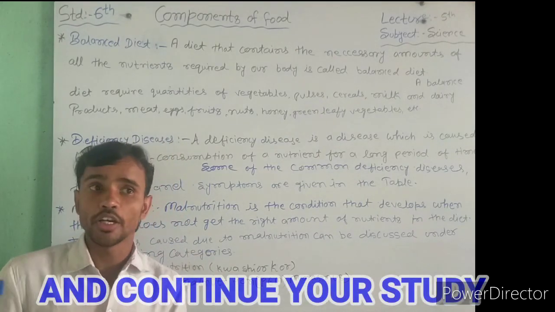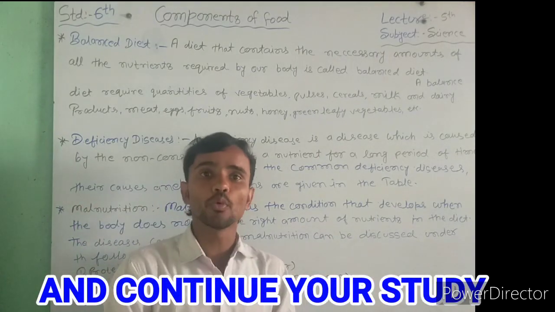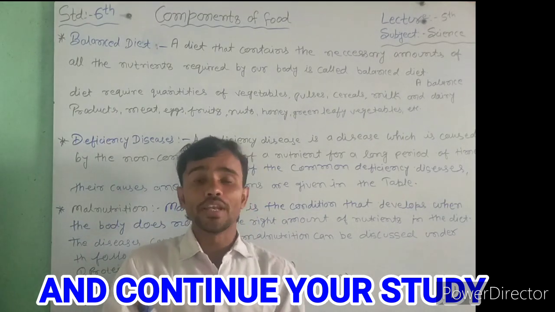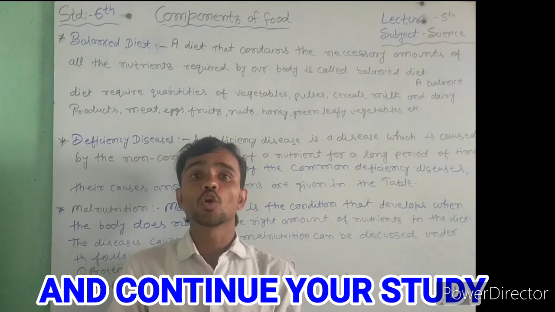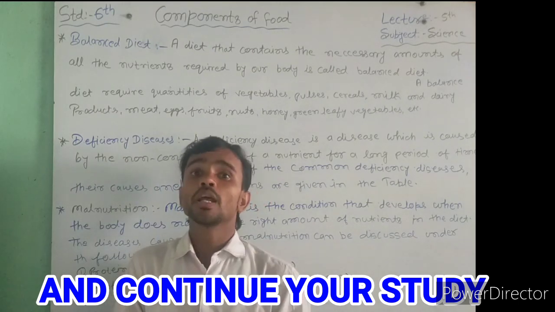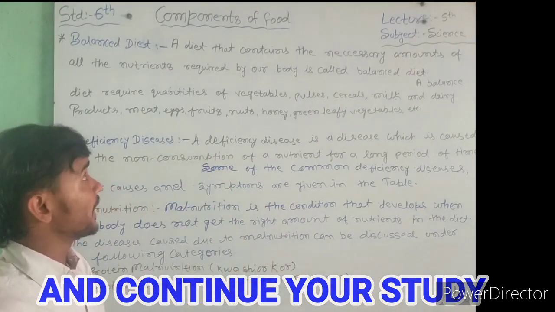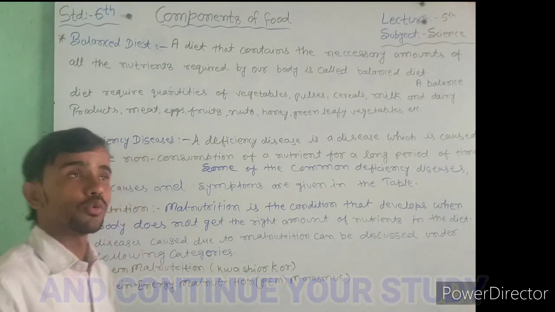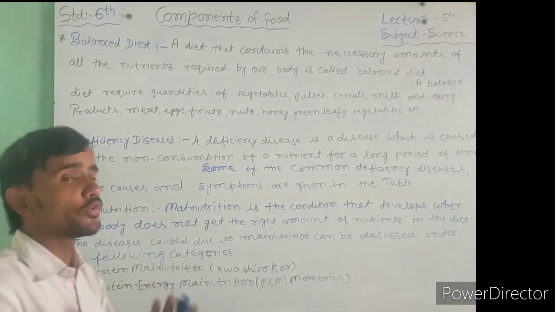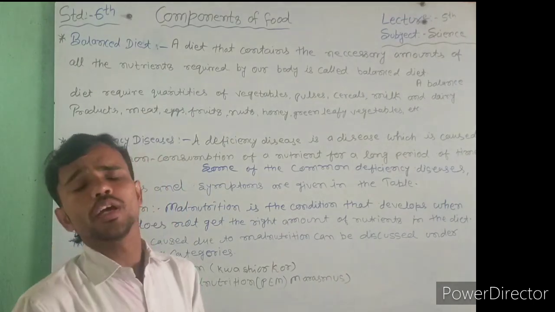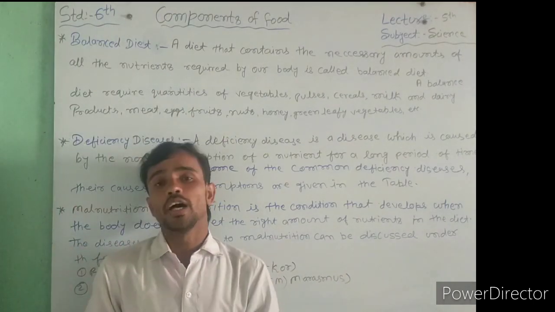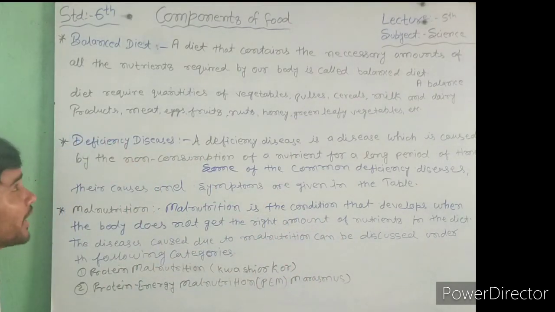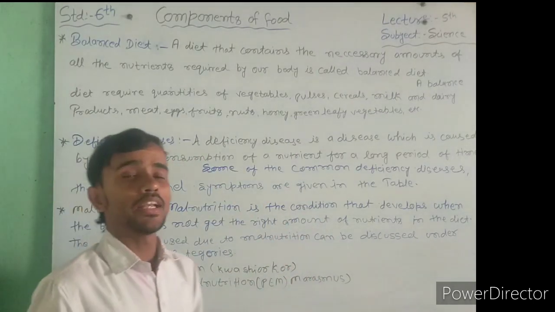All components are necessary for our body, but some components are very necessary and some are needed a little bit. But in a balanced diet, the diet contains the necessary amount of the nutrients required from food. That's called a balanced diet.